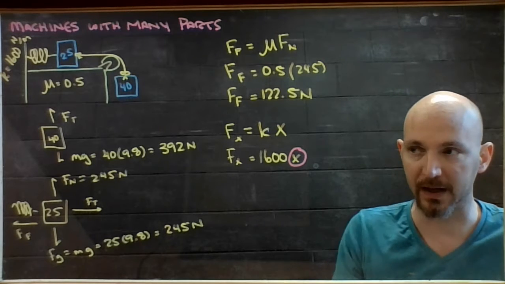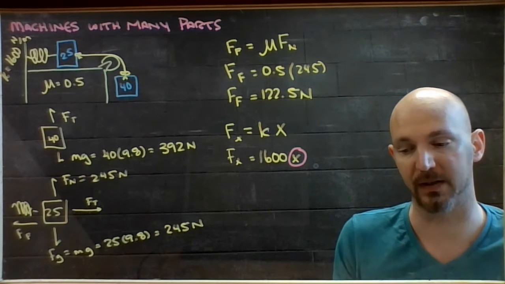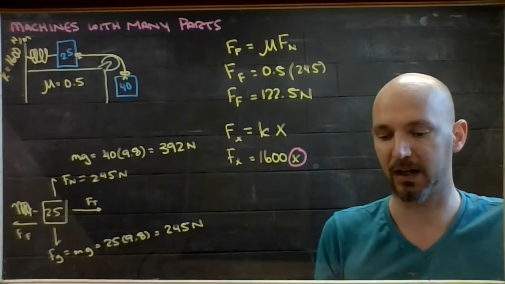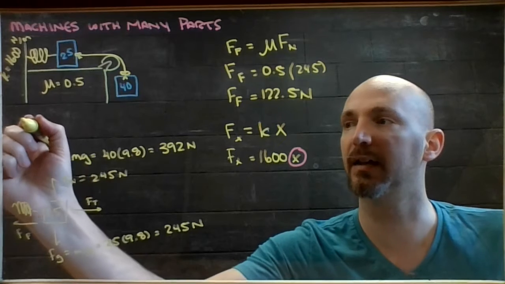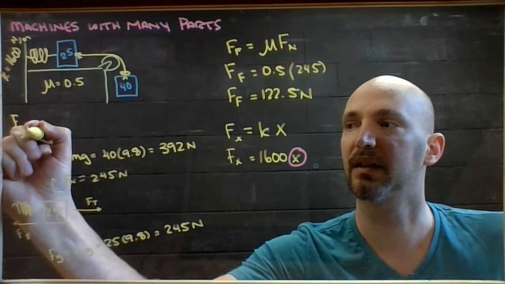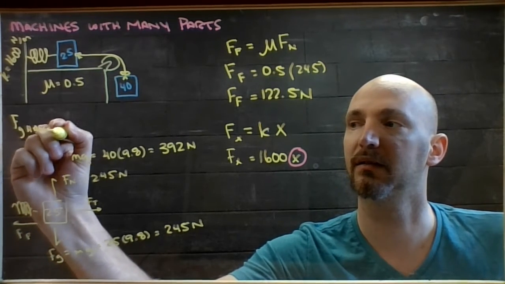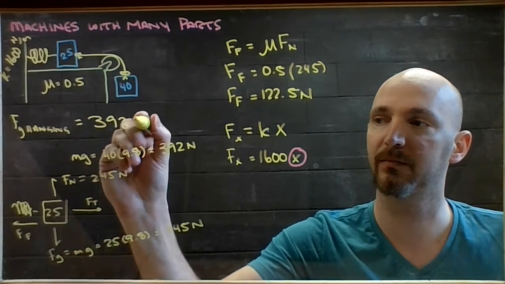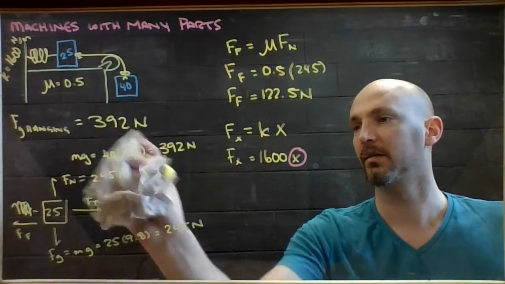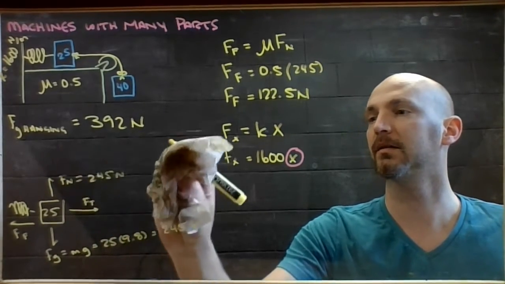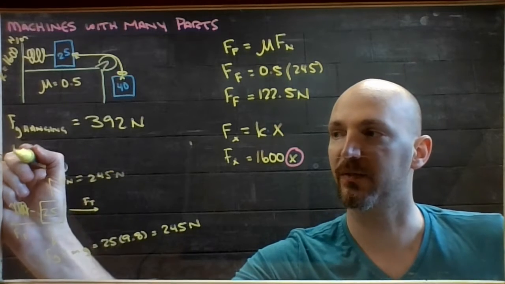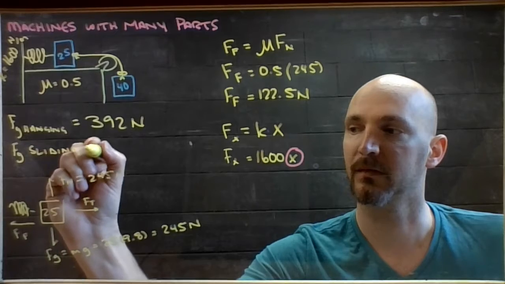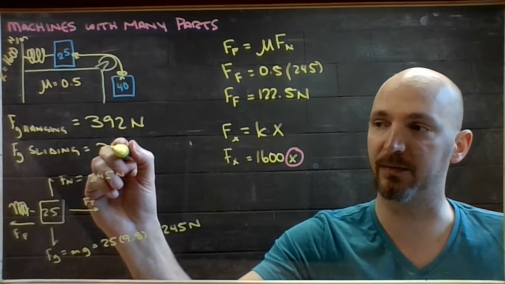So I'm going to erase some of these diagrams here so that I have some space. But basically, what I've got is a force of gravity from the hanging block, Fg hanging, is 392 newtons. Then I got a force of gravity for the sliding block, and it was 245 newtons.